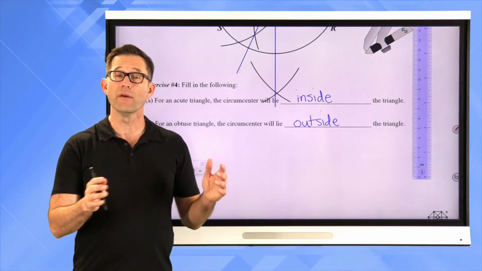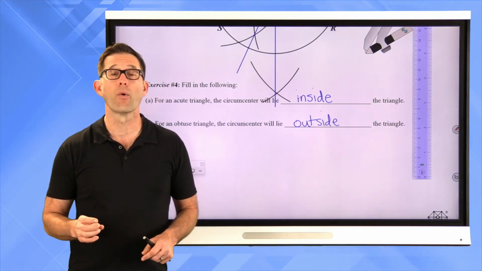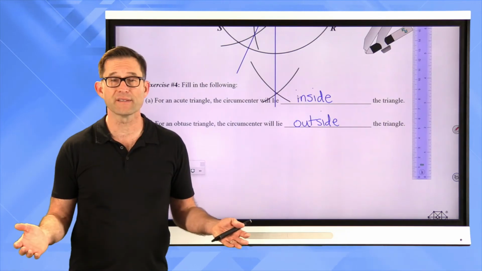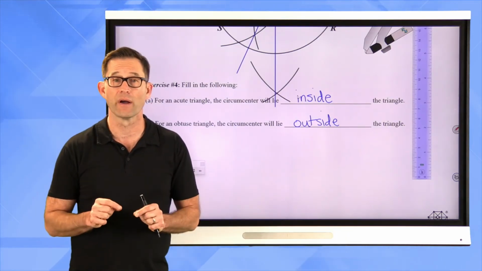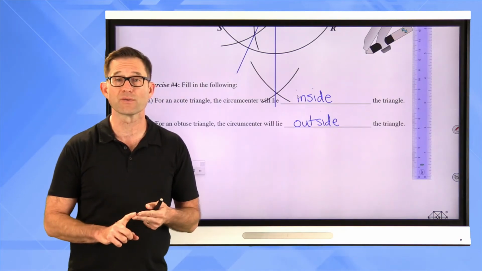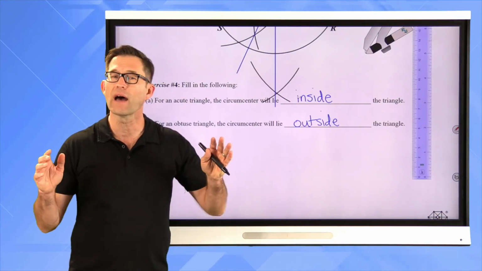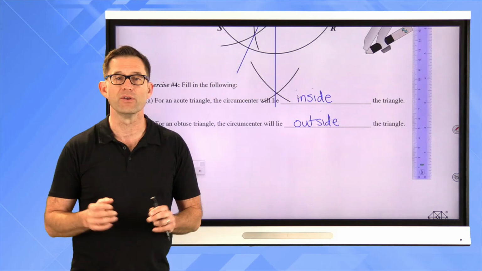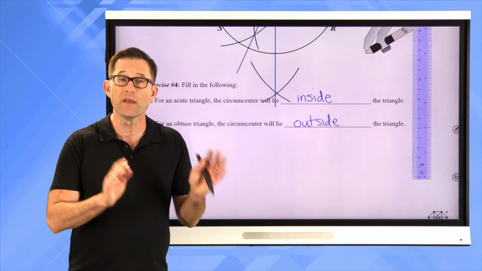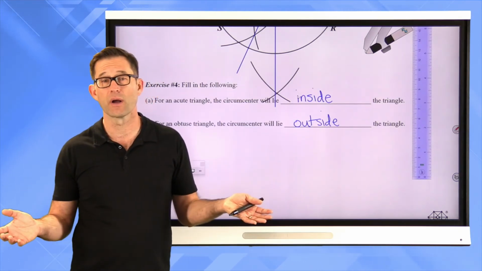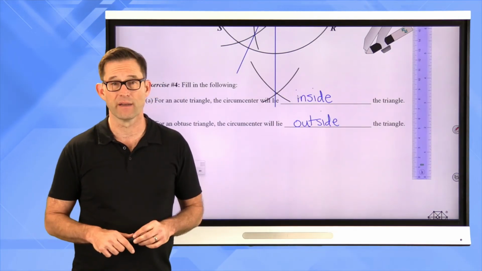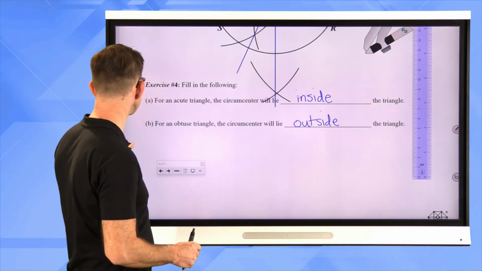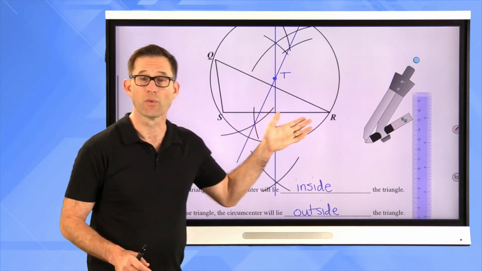So if you've got an acute triangle, i.e. a triangle where all the angles are less than 90 degrees, then the circumcenter will lie inside of the triangle. Those were exercise 1 and exercise 2. And if you have a single obtuse angle, quite frankly, you can't have two obtuse angles, but if you have an obtuse triangle, which is any triangle with an obtuse angle, then the circumcenter will lie outside of the triangle, which is what we saw in this situation.